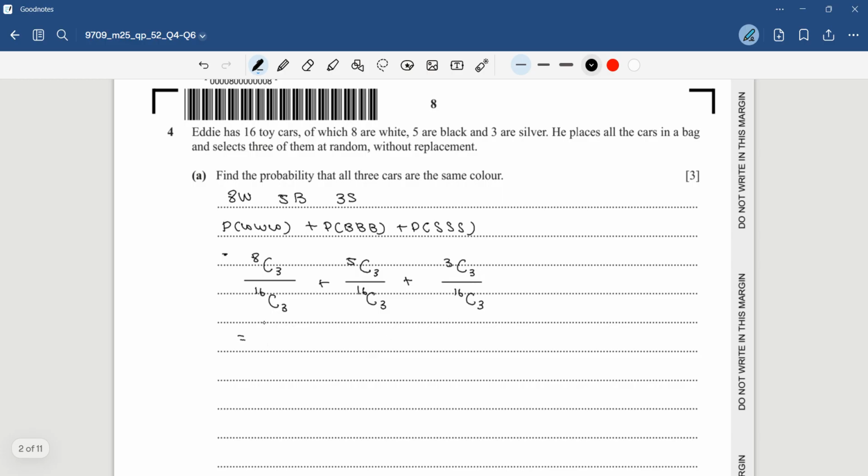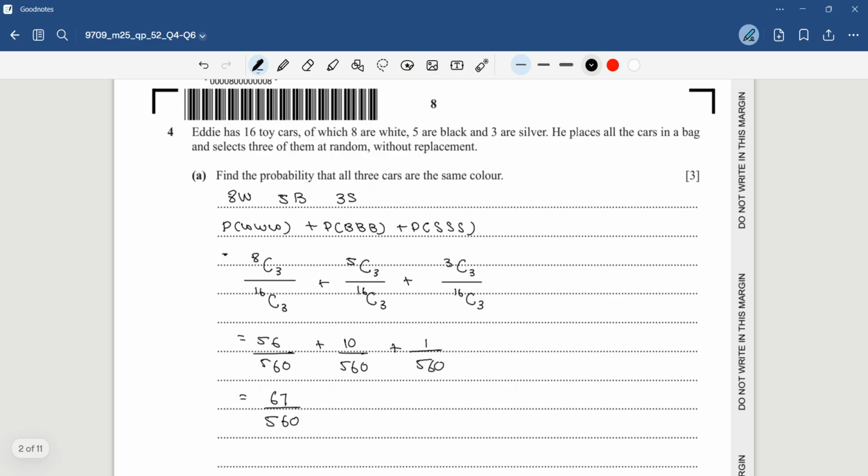So it's going to be 56 over 560, or 10 over 560, or 1 over 560. So you total up, you'll get 67 over 560. Okay, there are some other methods also, like using the probabilities directly.